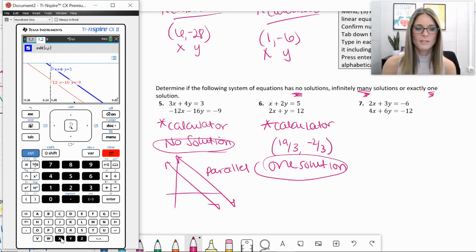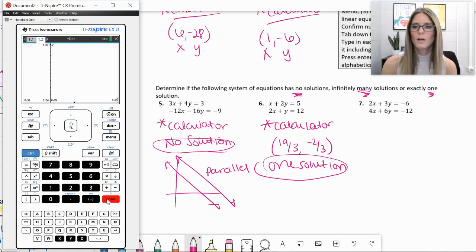I'm going to type my top equation, x plus 2y equals 5. Arrowing down, I need to clear this one off. Control clear and type the new second equation, 2x plus y equals 12. Enter.